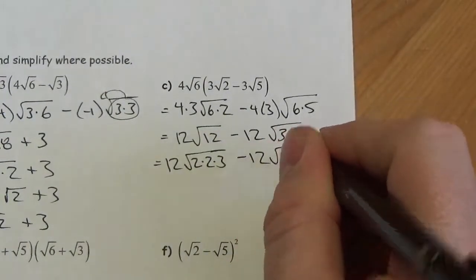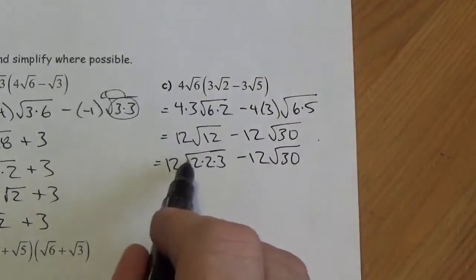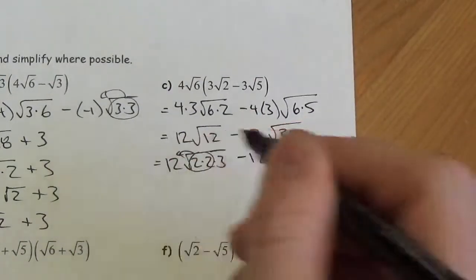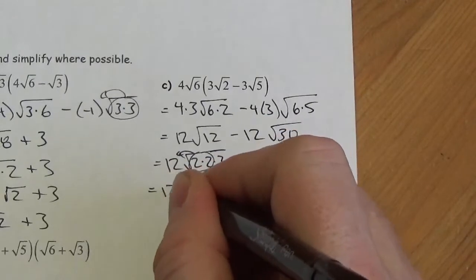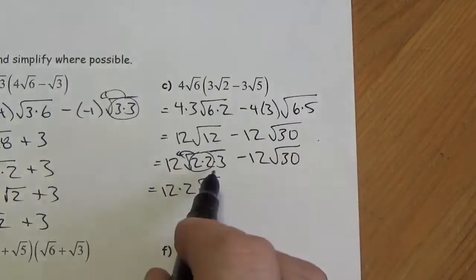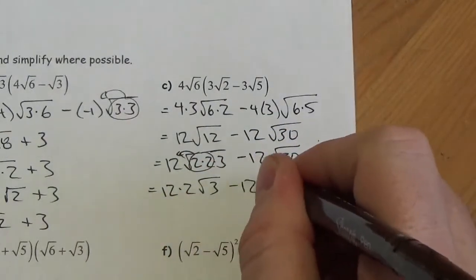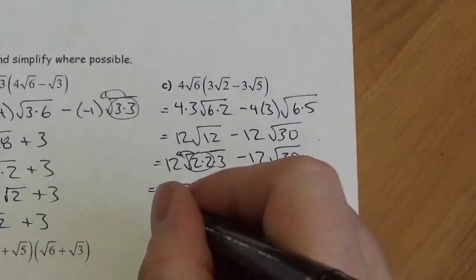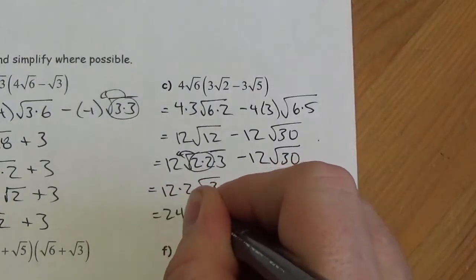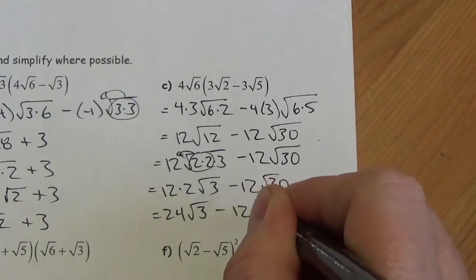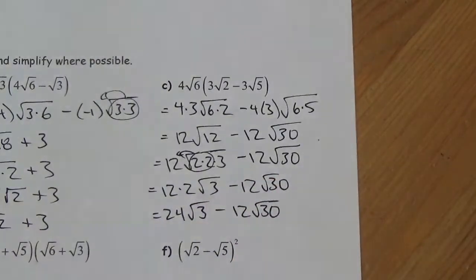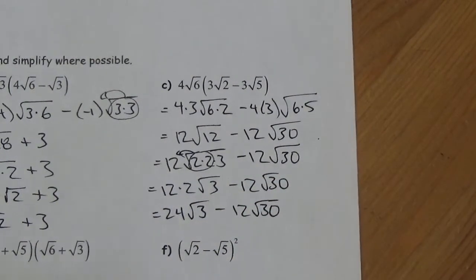That is as good as that's going to get. Here, though, there's a pair of 2's, so I can take out a 2. So this is going to be 12 multiplied by 2. That root 3 was left over. And then 12 times 2 is 24. So 24 root 3 minus 12 root 30. That's as good as that's going to get.